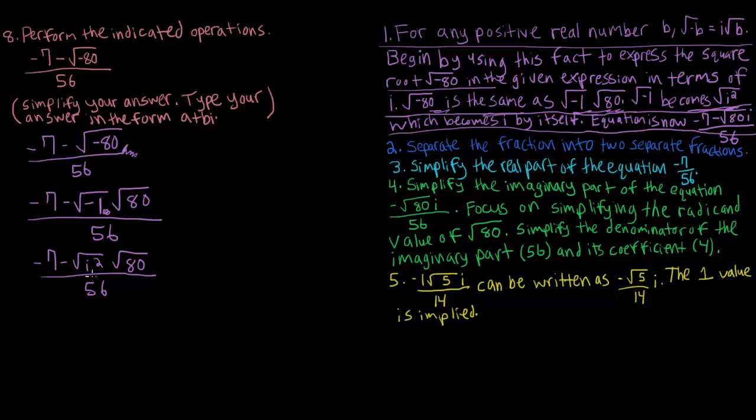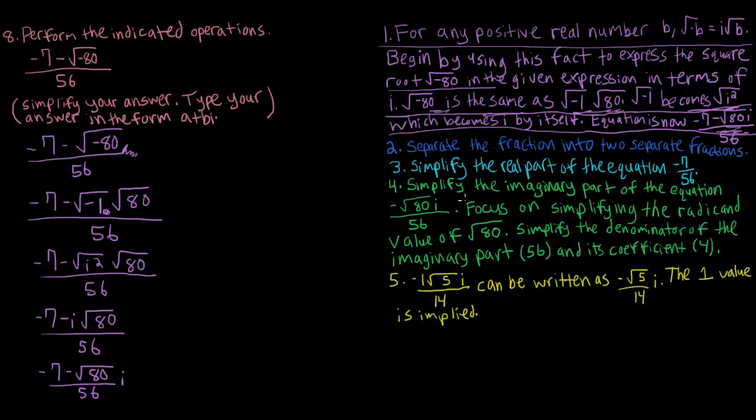And then if we simplify the i squared, it's -7 minus i square root of 80, all of that over 56, which we can just write as -7 minus square root of 80 over 56, and then put the i on the right side of the equation. So now our equation is -7 minus square root of 80 over 56 i, which is what we have over here on the right.